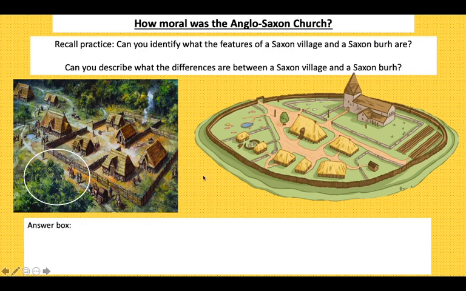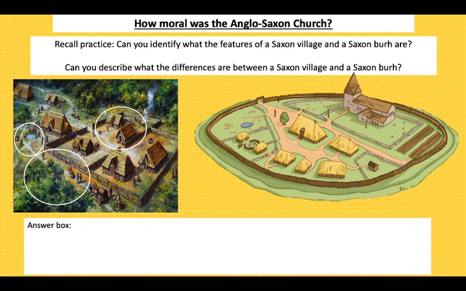The next feature is that the Saxons would have built a water resource, so they would build their villages close to a lake, a stream or a river. That would give them a continuous supply of water for themselves, their animals, and to irrigate or water their crops on the farms.